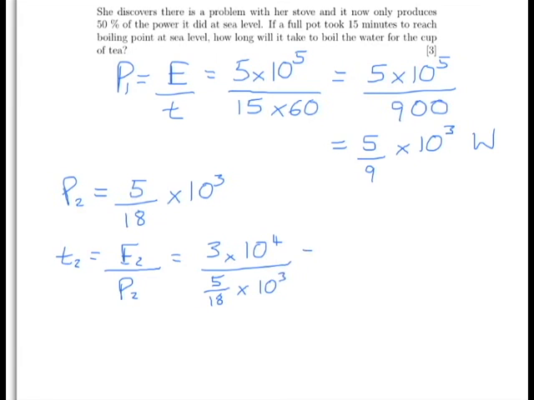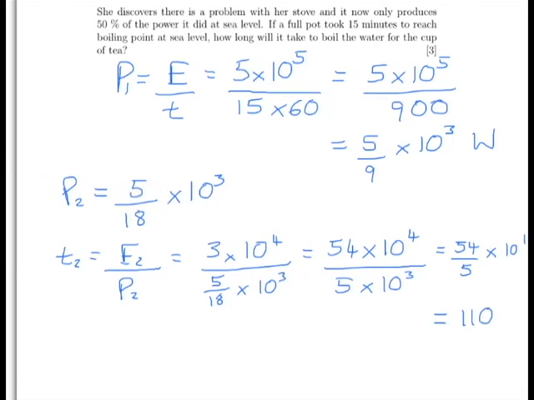So let's bring that 18 up to the top, and that will give us 3 times 18 is 54 times 10 to the power of 4 divided by 5 times 10 to the 3. Now we can do something with the standard form, so we'll end up with 54 over 5 times 10 to the 1, which is going to be around about 110 seconds.